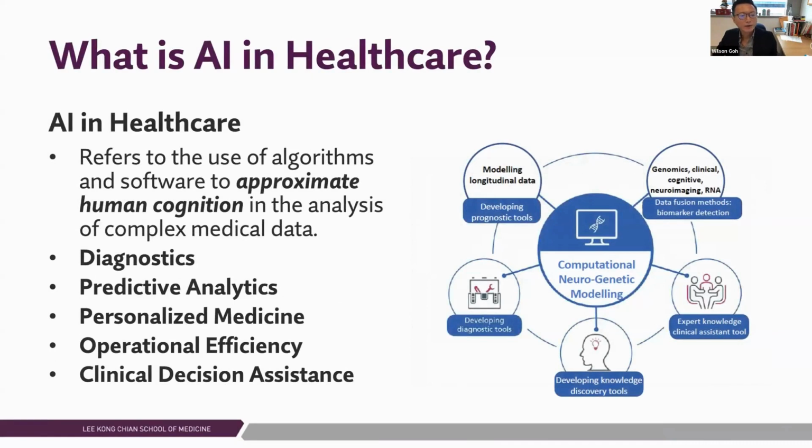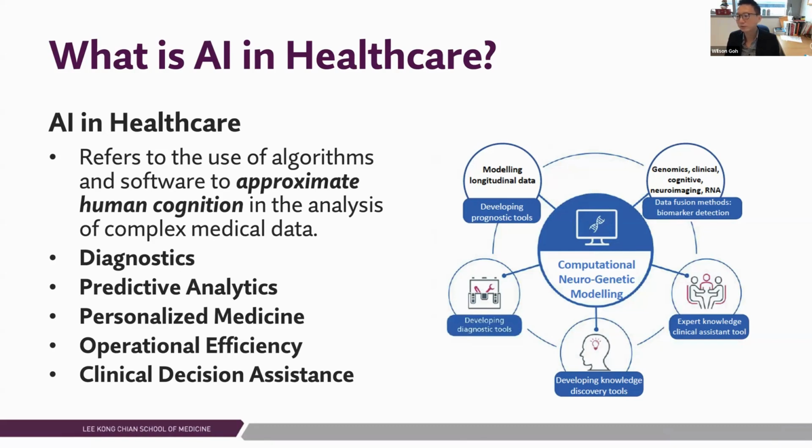And what about AI in healthcare? I'm sure everybody more or less has a sense of what AI is, because it is a very often touted word these days. When you think about AI, you usually think about models and algorithms, and this is not wrong. It is an algorithm and software. The difference from standard software is that AI is meant to approximate human cognition in the analysis of complex medical data.